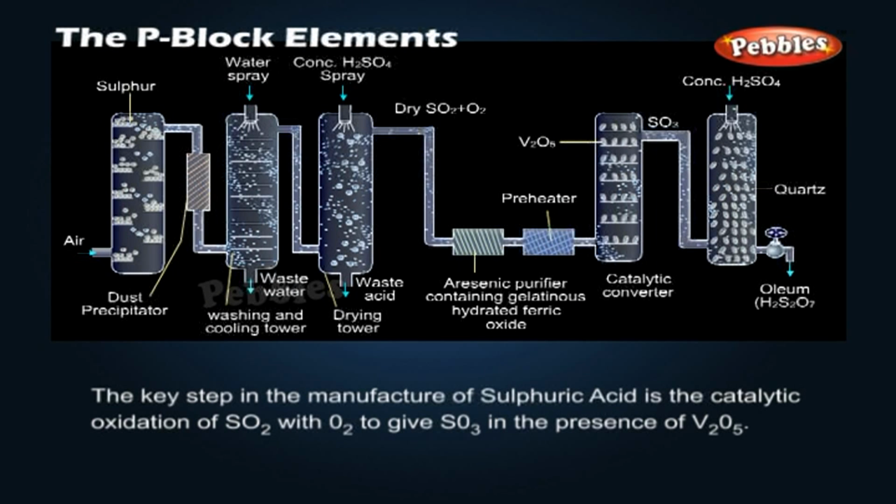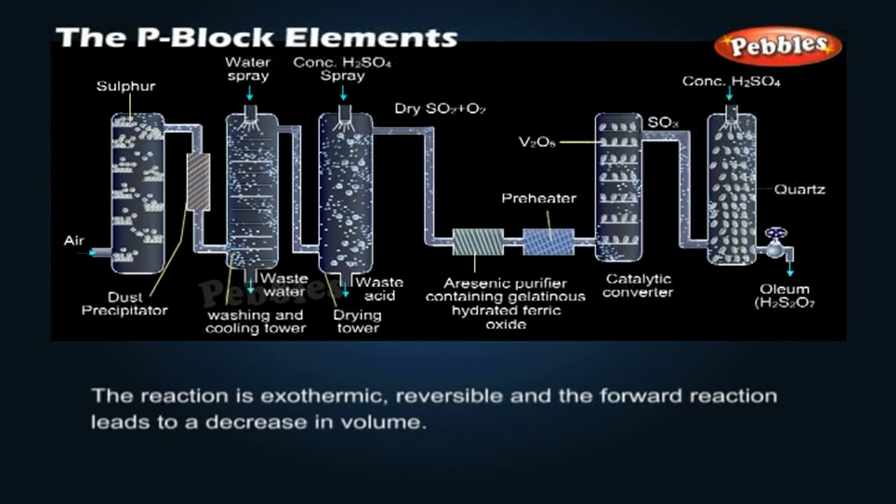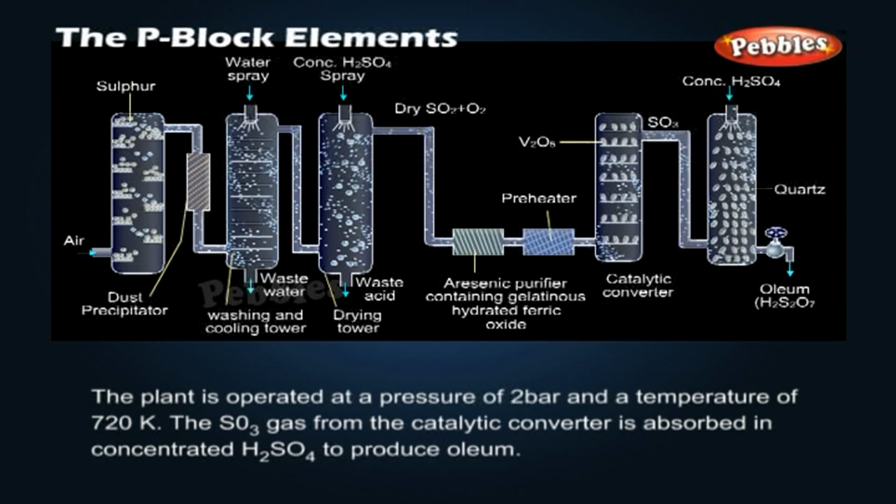Sulphuric acid. The key step in the manufacture of sulphuric acid is the catalytic oxidation of SO2 with O2 to give SO3 in the presence of V2O5. The reaction is exothermic, reversible, and the forward reaction leads to a decrease in volume. The plant is operated at a pressure of 2 bar and a temperature of 720 K. The SO3 gas from the catalytic converter is absorbed in concentrated H2SO4 to produce oleum.